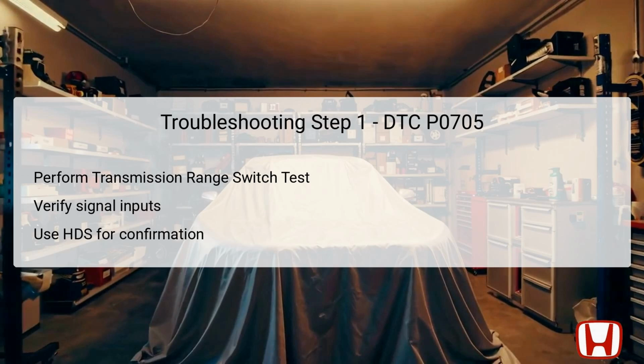Any discrepancies indicate a failure in the range switch. It's crucial to note that the testing should be conducted with the vehicle in the on mode. Identifying whether the signals correspond with the actual physical positions of the gear shifter will streamline the troubleshooting process significantly.